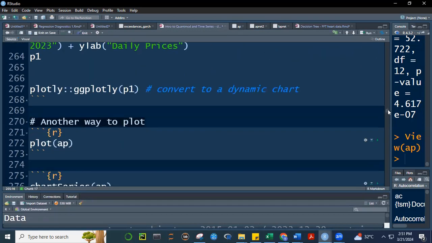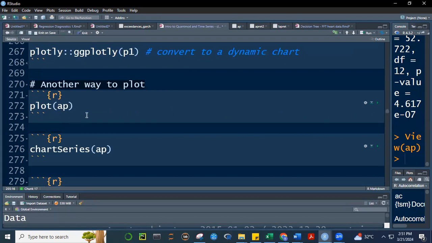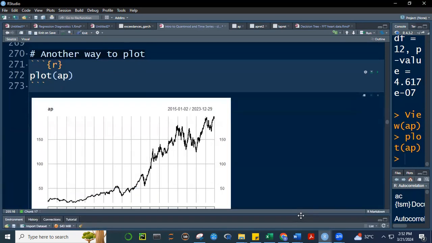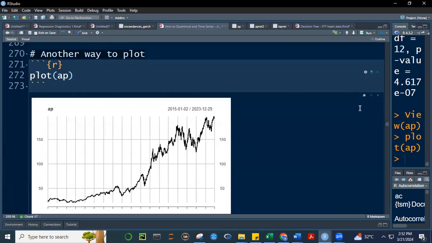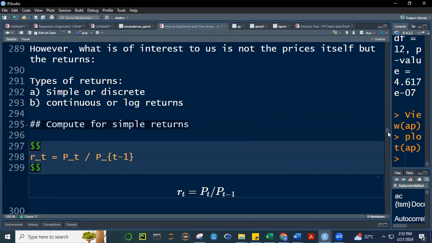And last time we said that if we plot this object, we can see that this is a non-stationary object, which means that it does not have constant mean and constant variance.